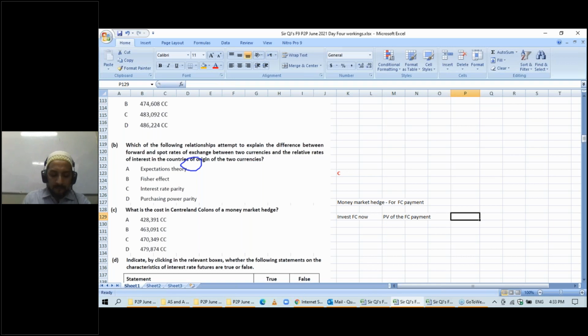And the formula for this is foreign currency payment divided by 1 plus rate of lending. Over here we are lending money, so we'll be taking the lending rate. And in what currency's rate? The foreign currency's rate, because we are lending in foreign currency, so we'll be taking the rate also in the foreign currency.